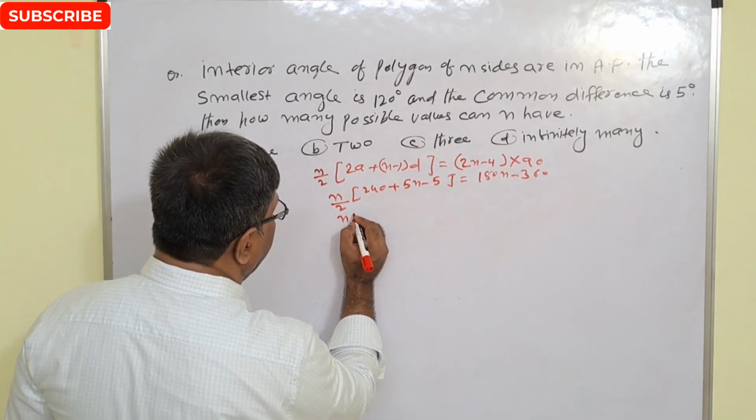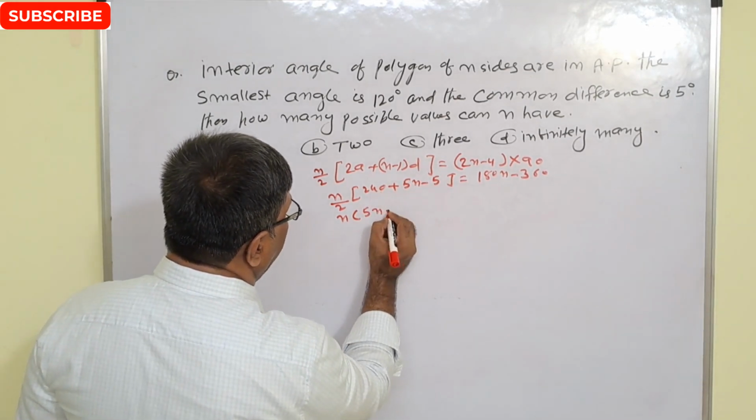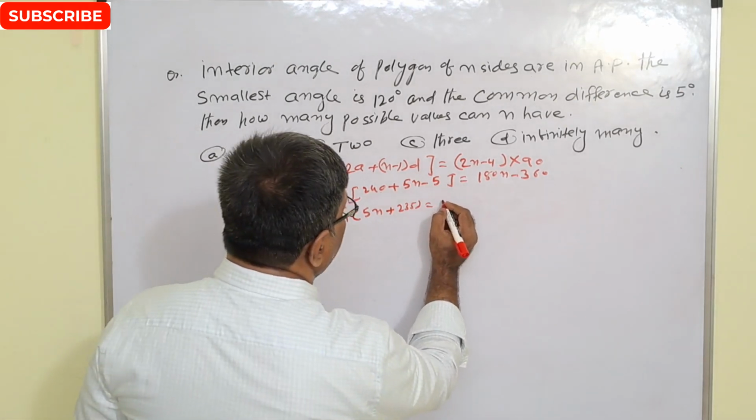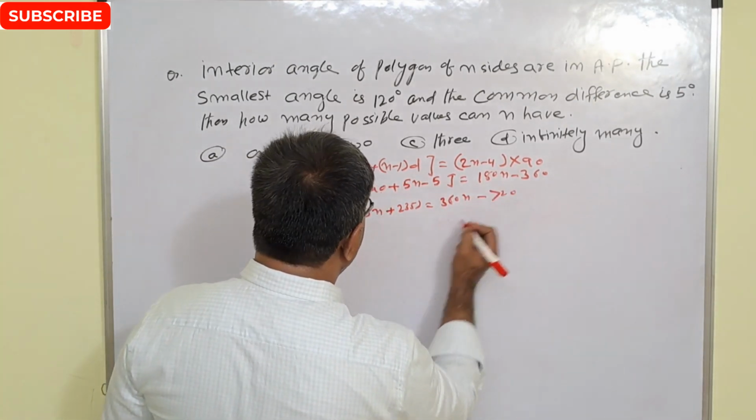So now we can find n. This is n into (5n plus 240 minus 5), which is 235, and on the other side, with the 2 here, this is 360n minus 720.